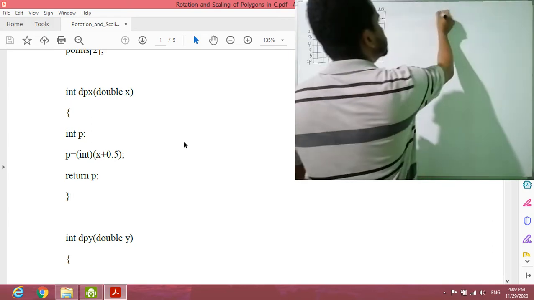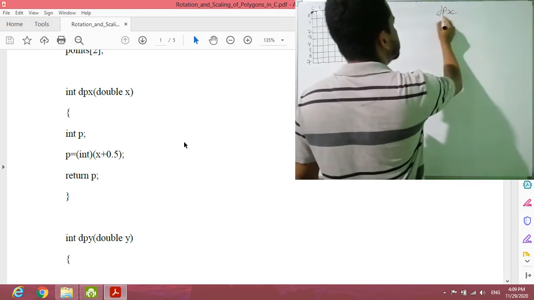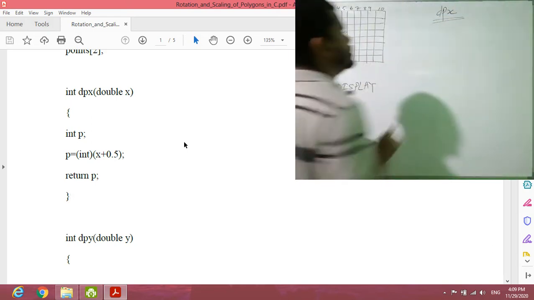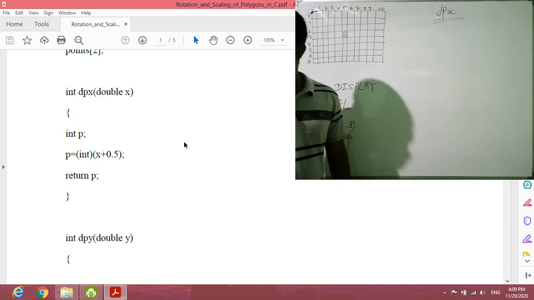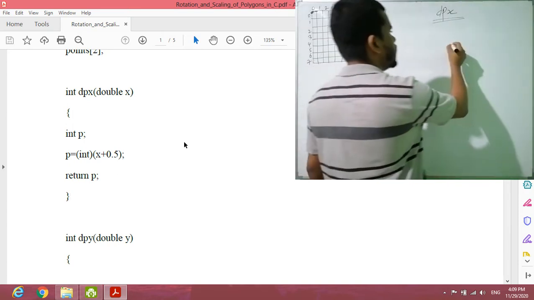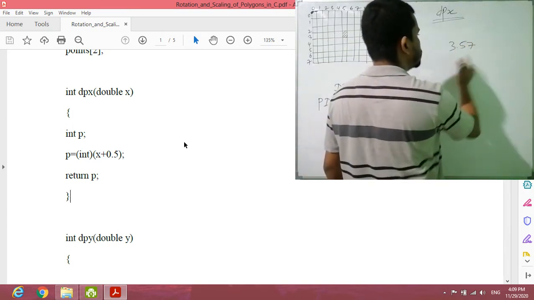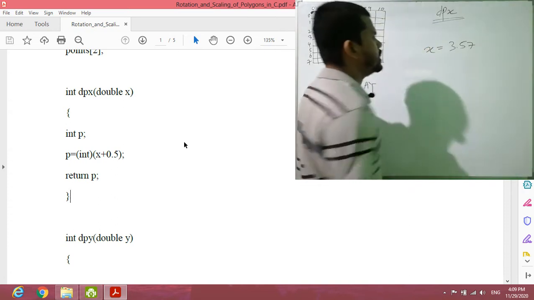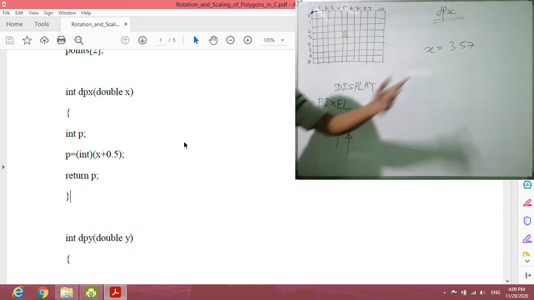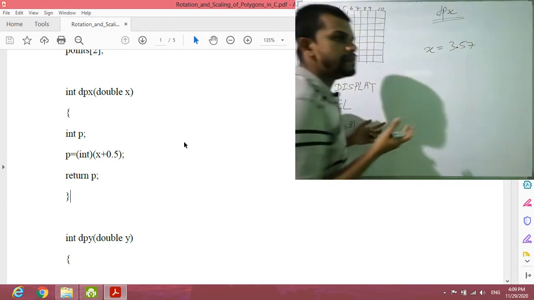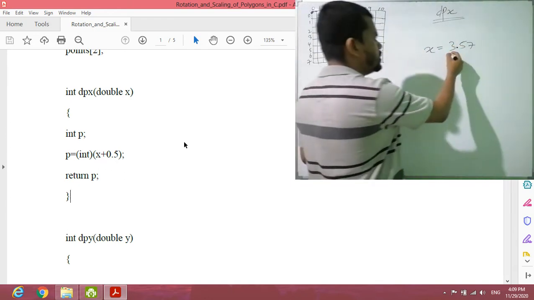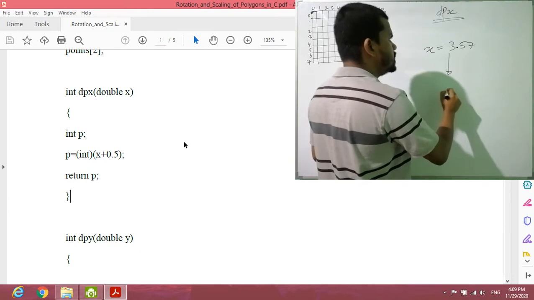Therefore, the purpose of the dpx function is that we round. When we do certain calculations using our program, we will get fractional numbers for the coordinates. For the x coordinate, we may get a fractional number. But when we try to display it, we have to round it to its nearest integer.